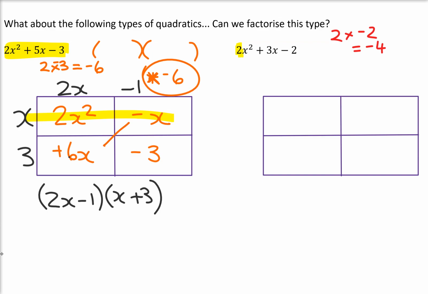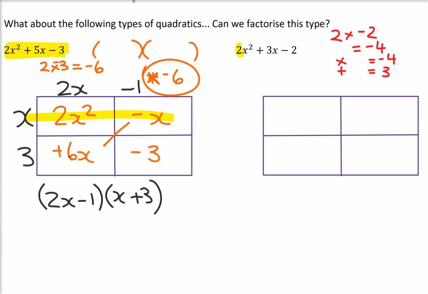So the numbers now times to the negative 4 that add to 3. What are 2 numbers that multiply to negative 4 that add to 3? Negative 1 and 4. Okay?